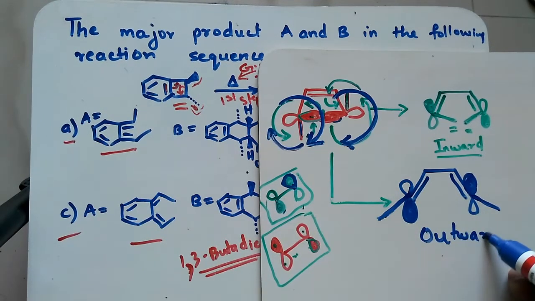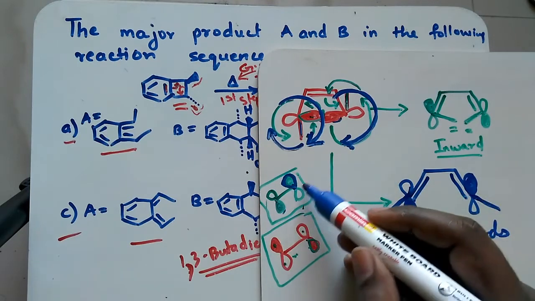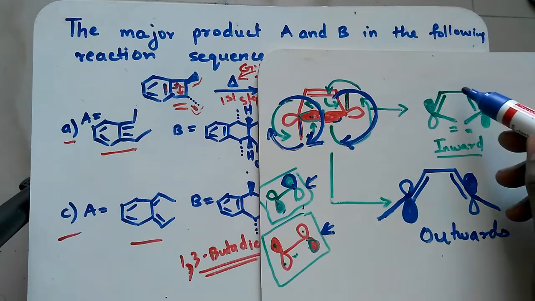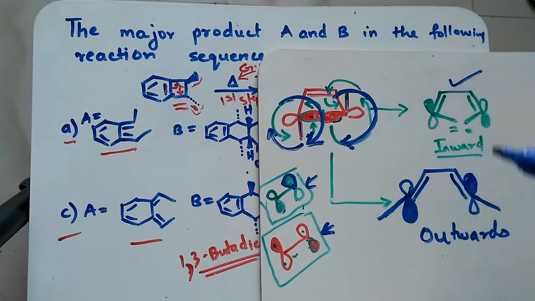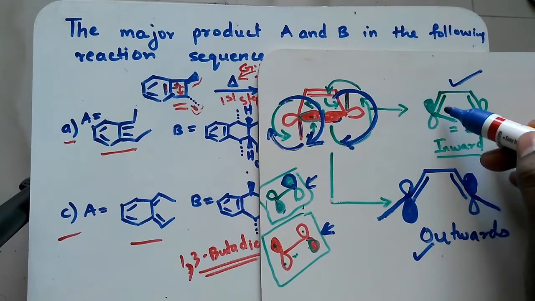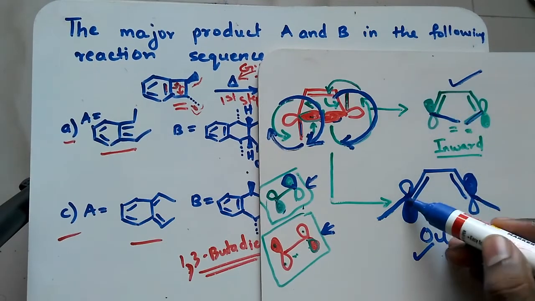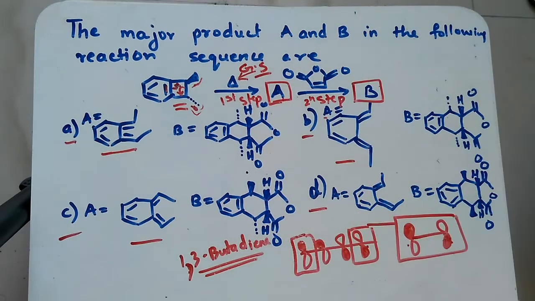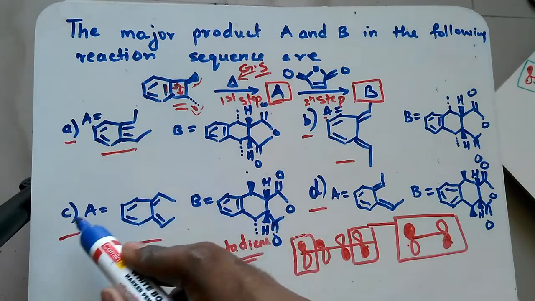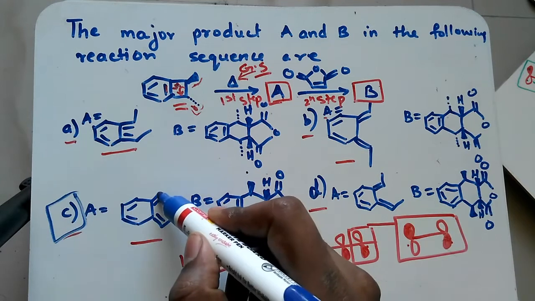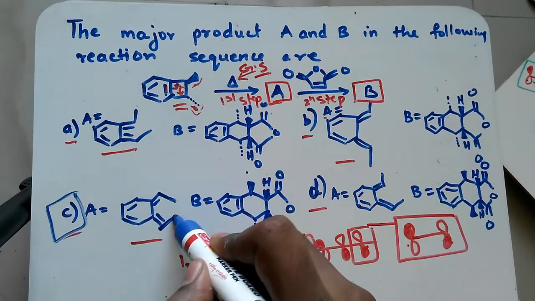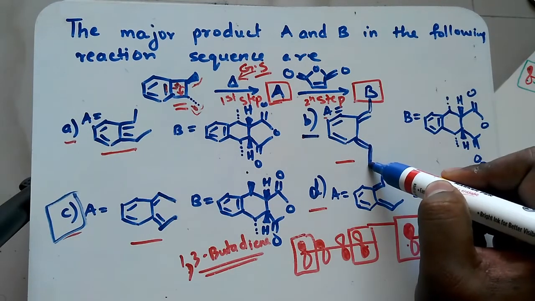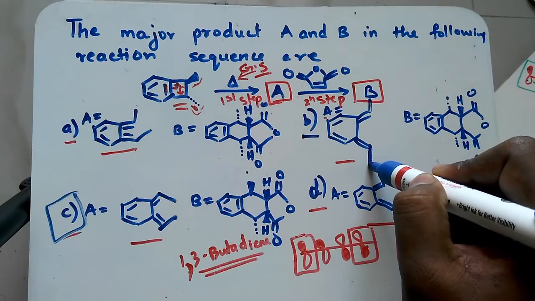Very important. That means when you consider the HOMO of 1,3-butadiene, two types of rotation are possible. Either you can get this part or you can get this part. Both inward or both outward. Both possibilities are there. So now let's get back to the question. Only option C has both the groups inward, and option B has both the groups outward, which is the correct one.